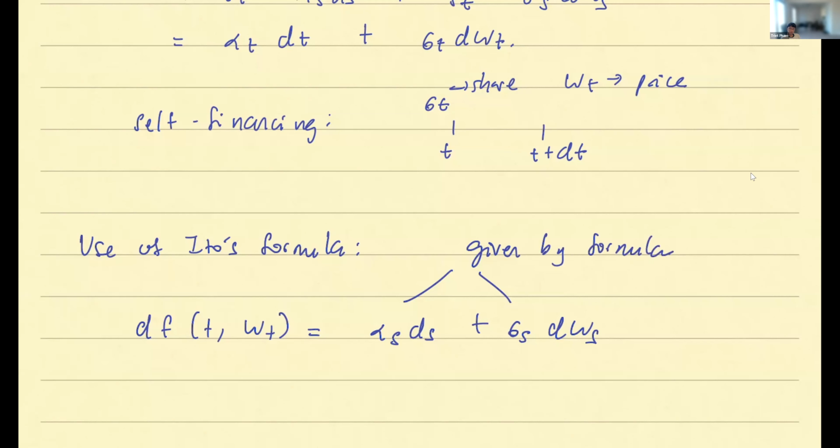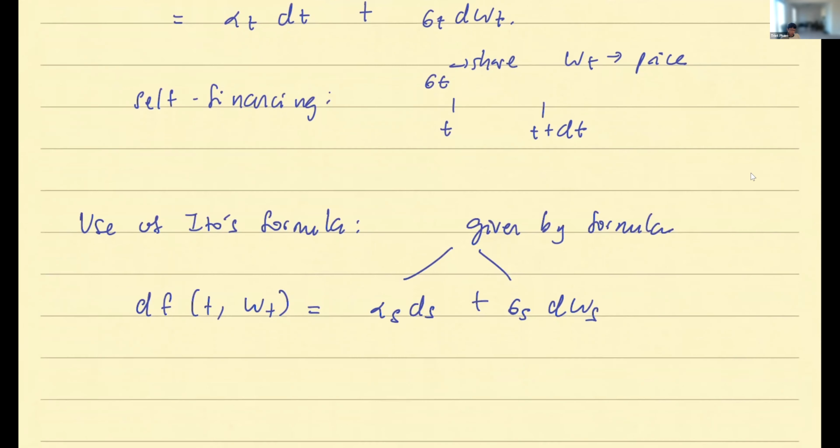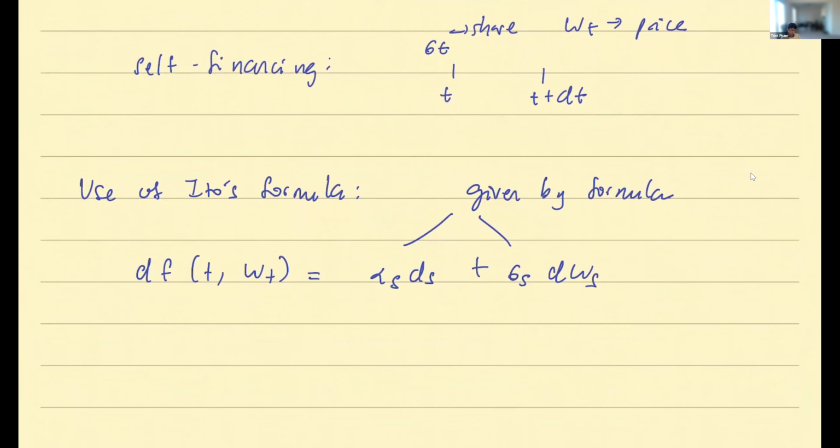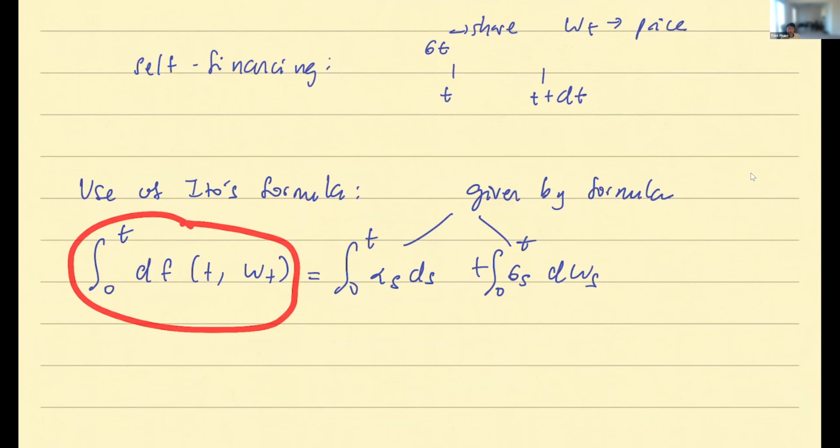What you can do is, because if they're equal, then you can integrate both sides. The left-hand side is what we say is integration 101.